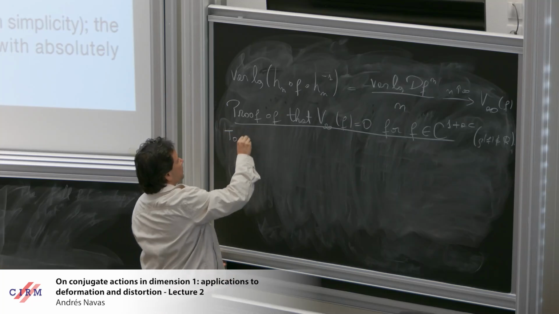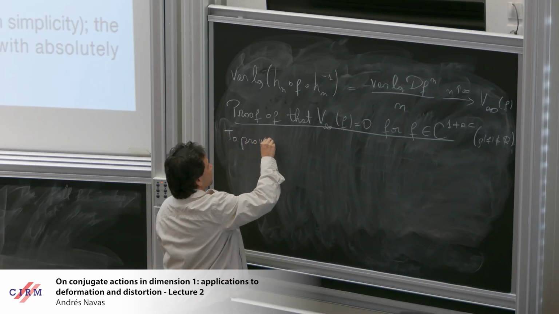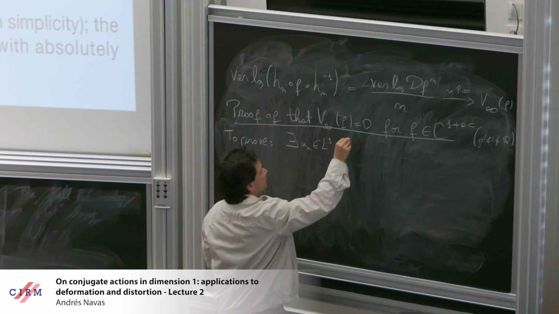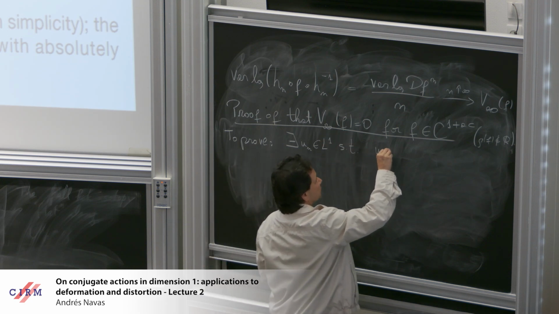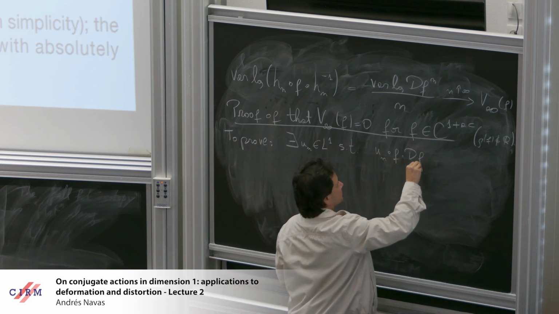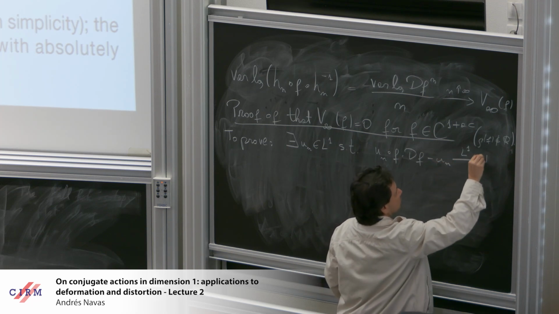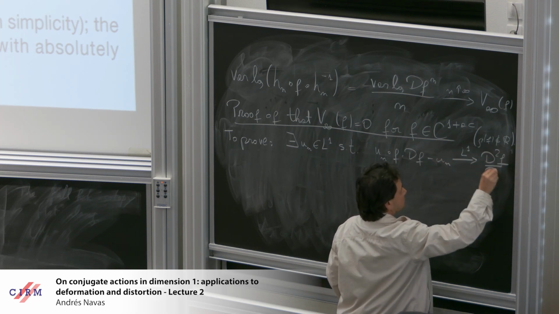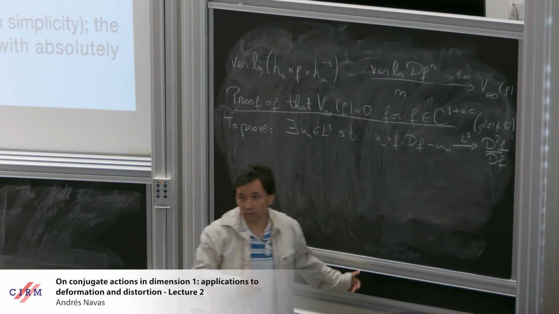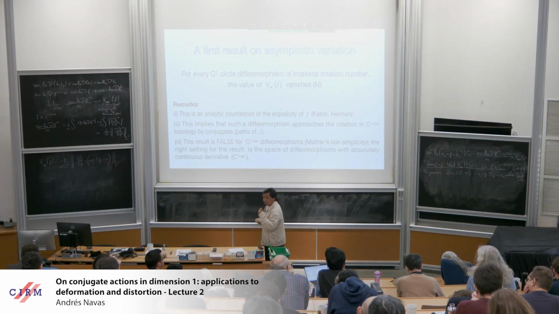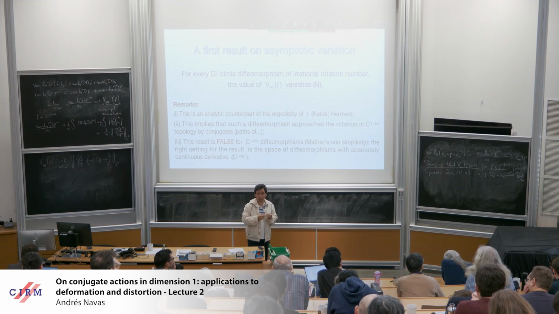So to prove there exists a sequence of functions in L1 such that when you take the coboundaries associated to this, it converges in L1 to the affine derivative. Okay? And the proof is by contradiction. Suppose there is no such a sequence.